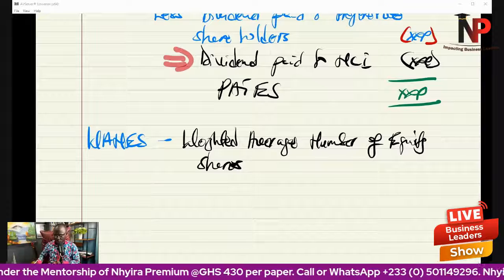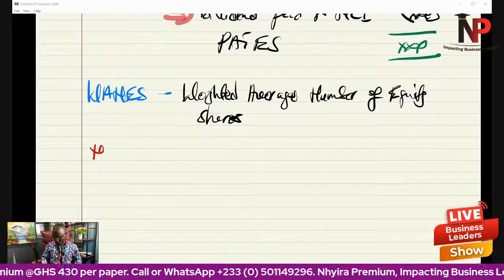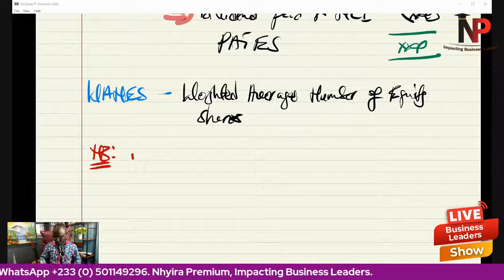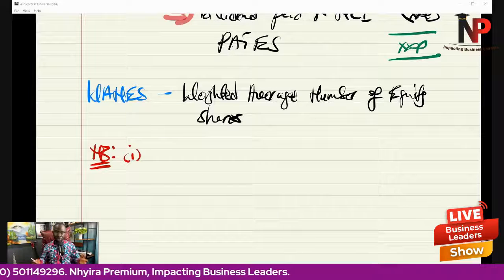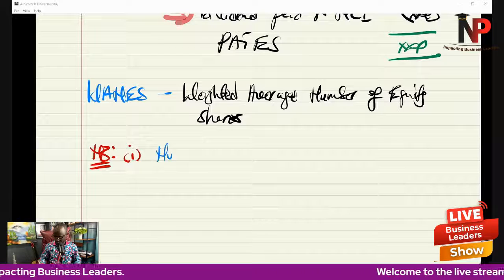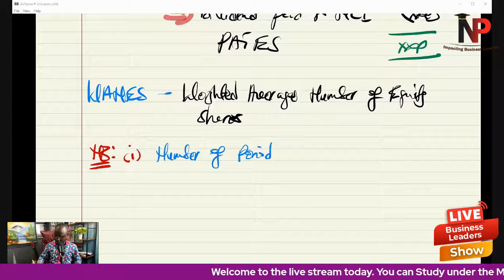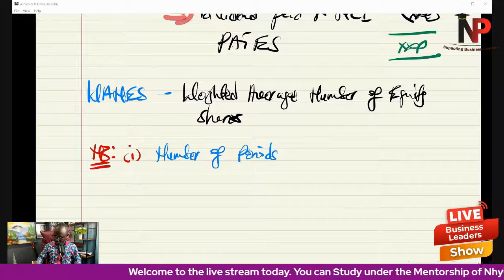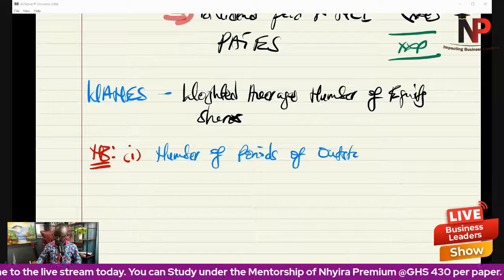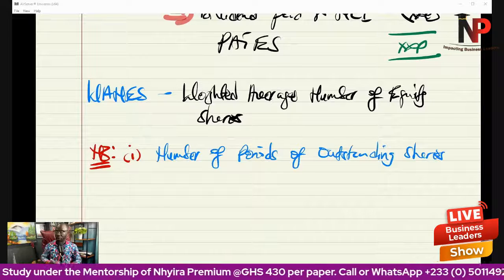So there are a couple of things that you need to understand based on the scenario we are going to be looking out for. Number one, when we are calculating the weighted average number of equity shares, we have to take into consideration the number of periods of outstanding shares. And I'm going to explain this to you, don't worry. The number of periods of outstanding shares is very important.